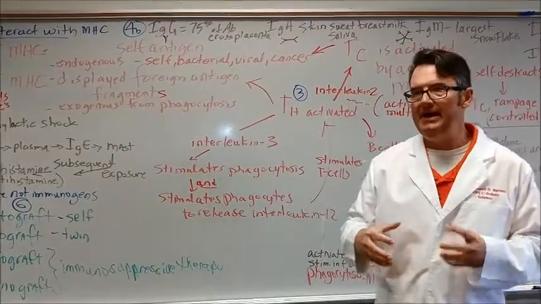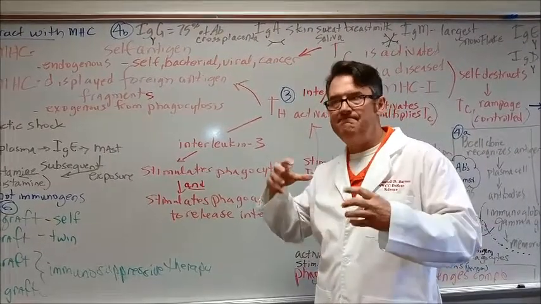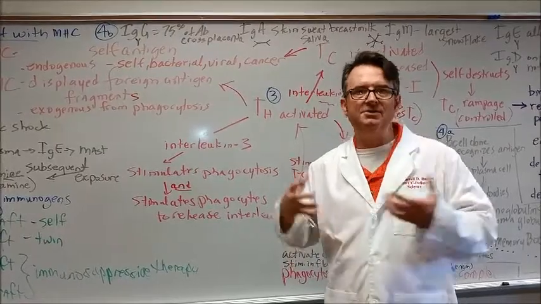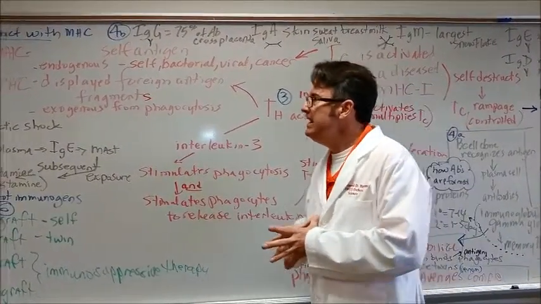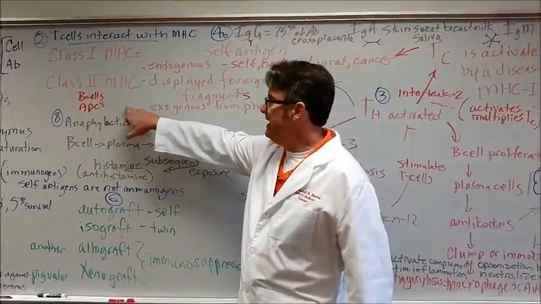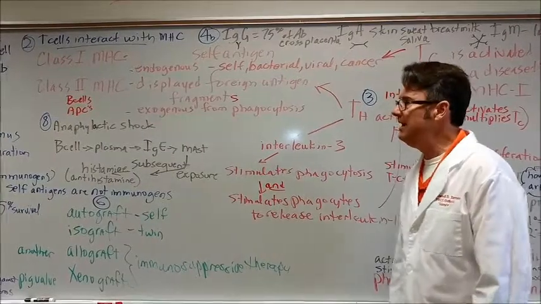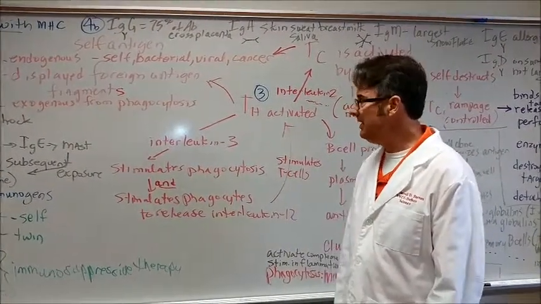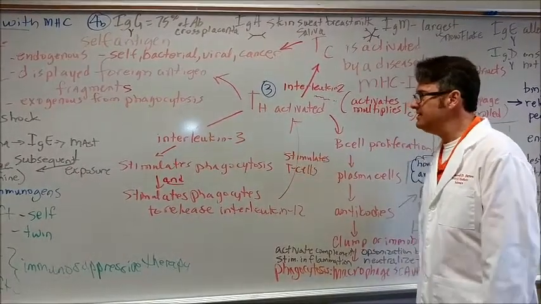That means that the cell scavenges these opponents and then digests them and wears their body parts on its cell surface. It's kind of ridiculous sounding. By the way, B cells and antigen-presenting cells like macrophages are the ones that present or have class 2 major histocompatibility complexes.